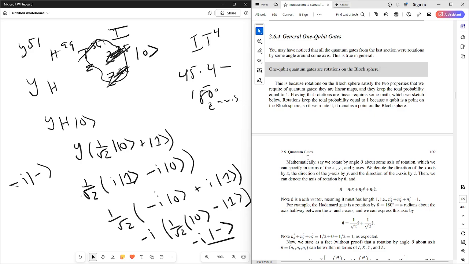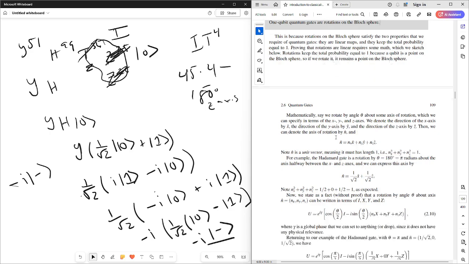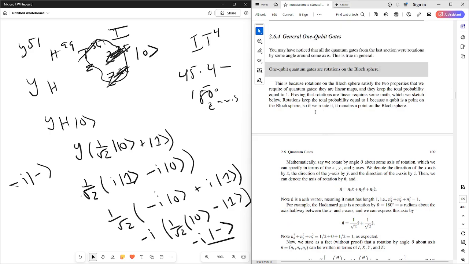Okay, let's work through it. No, I don't have this in my notes, which means I probably didn't really look over this section.